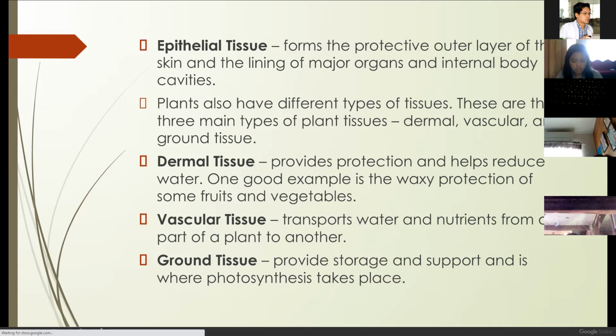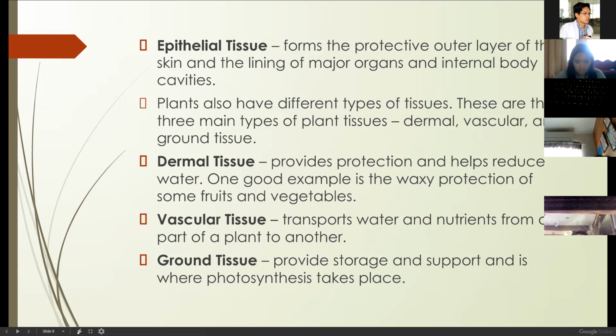It will protect the layer of a particular tissue, especially the organs internally. For example, your stomach is covered by an epithelial tissue. This is to prevent self-digestion.